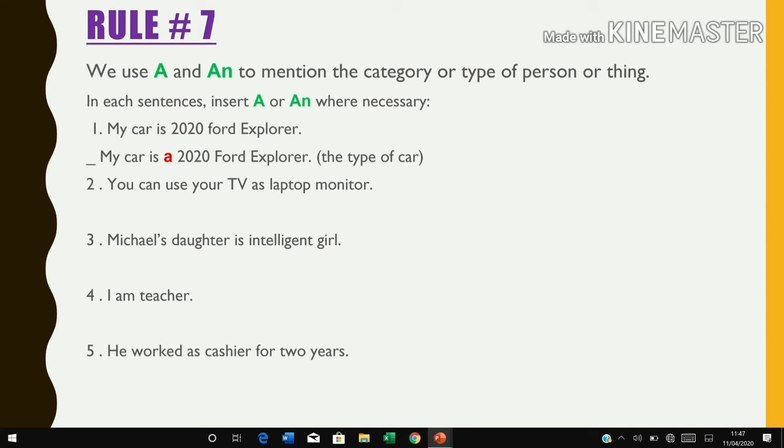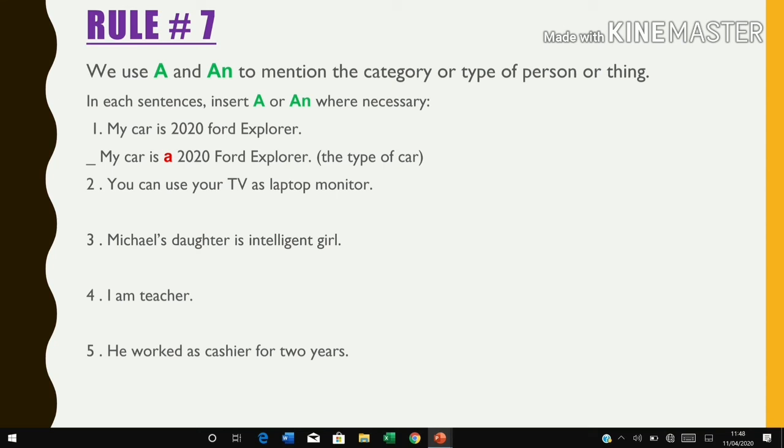Here, first I mention my car, and then I tell about the model of the car. That means the type of the car. It is a 2020 model car, Ford Explorer. So that is basically the type of the car. Our rule is what?